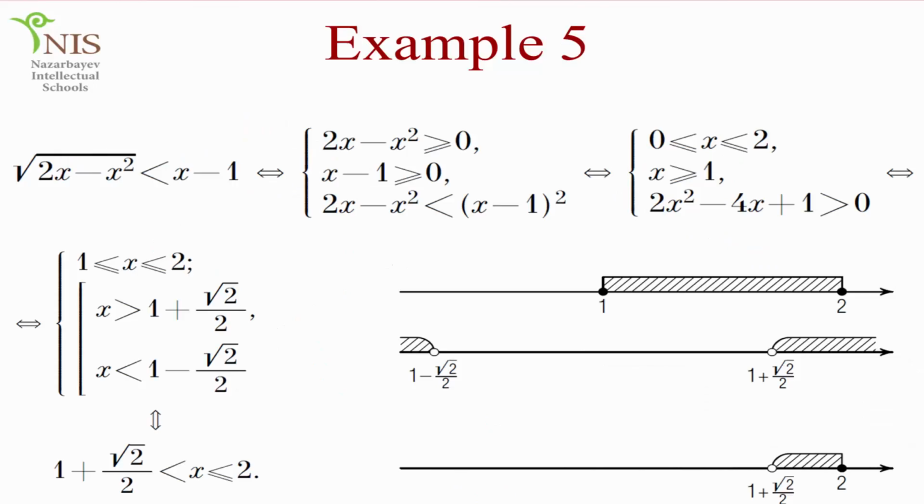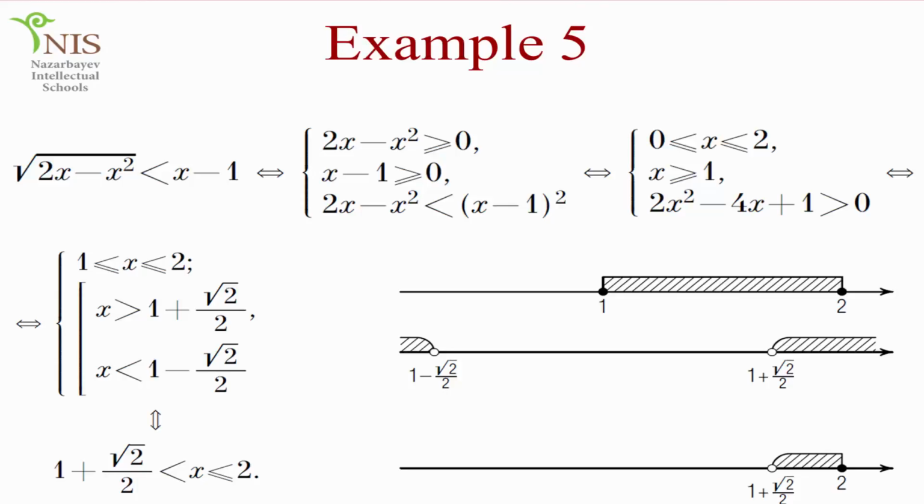Okay, so example 5. Here we have again an irrational inequality. So we are taking the squares of both sides, and because g of x is bigger than the square root of f of x, we also use the algorithm, and we get 3 inequalities, a range of answers where x is bigger than or equal to 1, x is between 0 and 2 included, and we have a quadratic inequality.